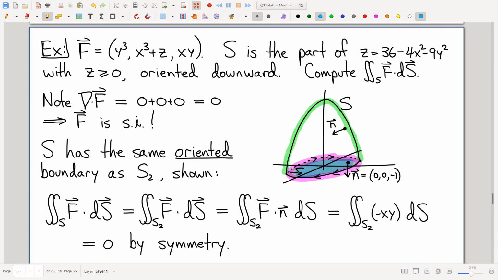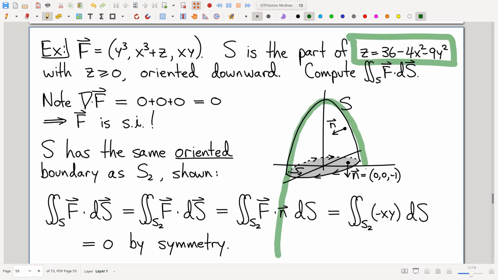I still don't get why the blue part is surface. Okay, so let me be a little bit more explicit. So here's this, and that is this entire paraboloid that extends infinitely downward. Now here we have the clarification.